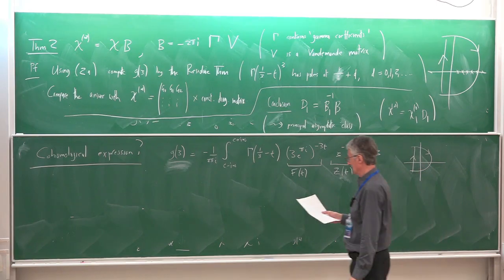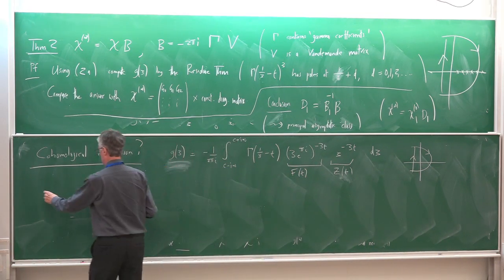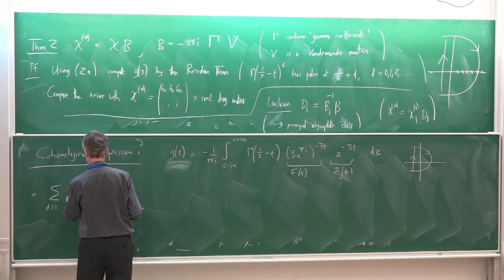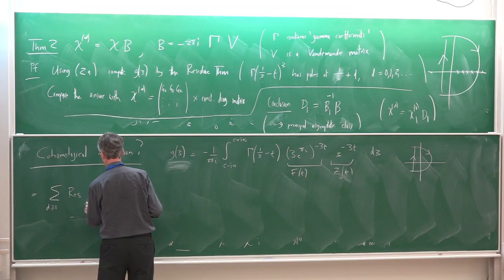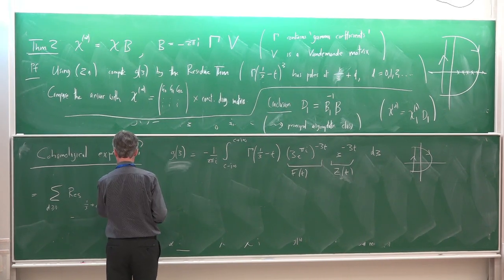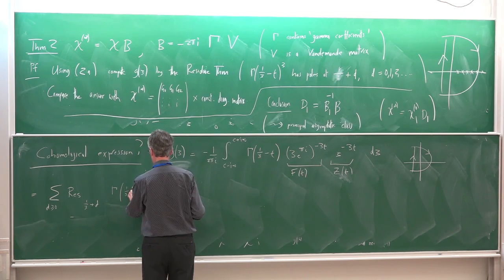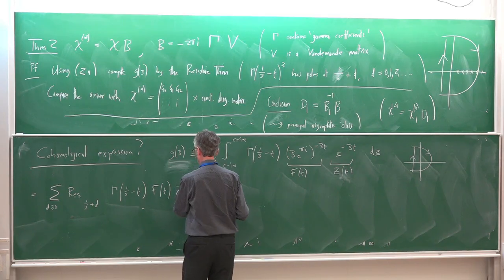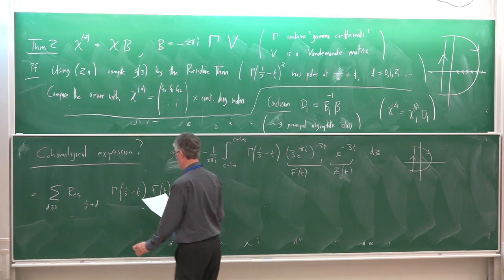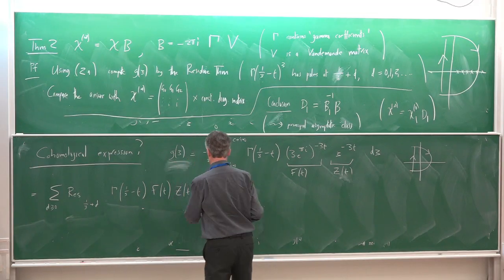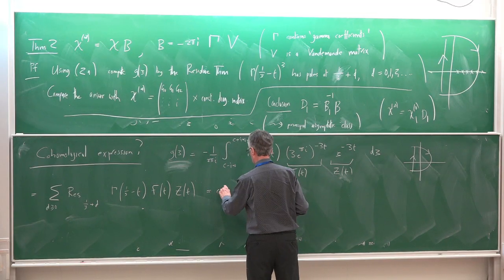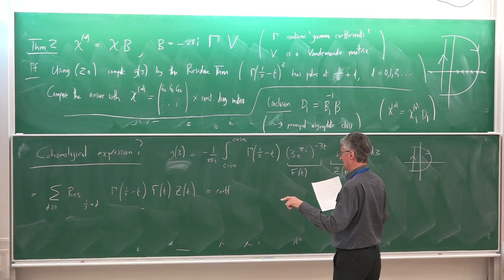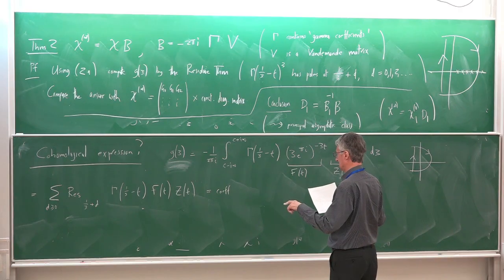Okay, so by the residue theorem, this is equal to the sum of the residues. And this is the coefficient. Well, it's the coefficient of 1 over 1/3 plus d plus.